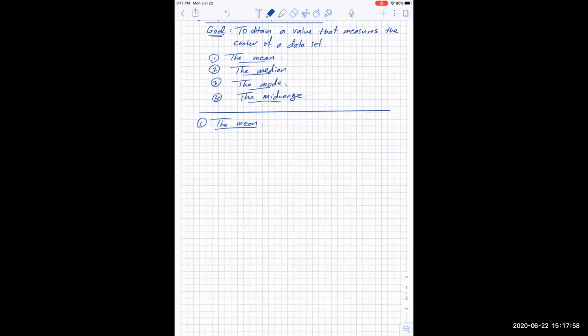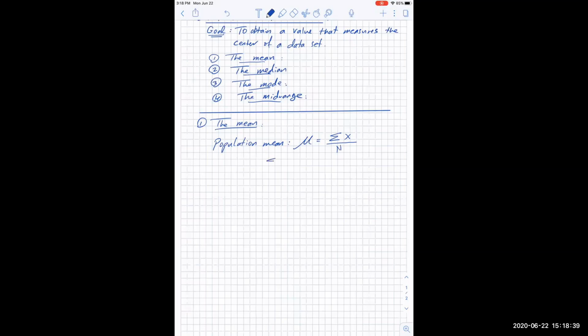If the mean is associated with a population, meaning if we have a population set and we are finding the population mean, then we're going to use this symbol mu, Greek symbol mu, and basically it is the sum of all the x values, all the data values, divided by capital N, where capital N is the population size.